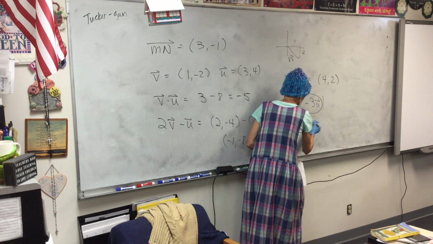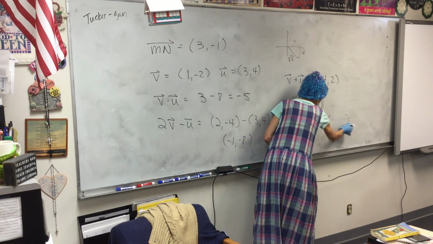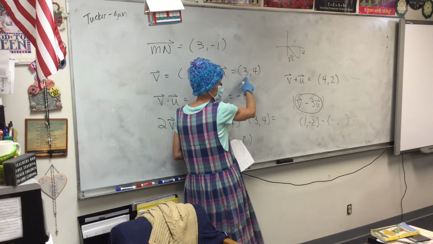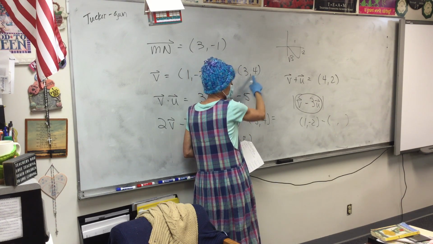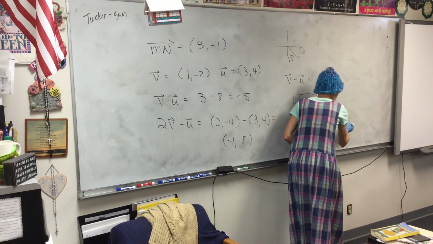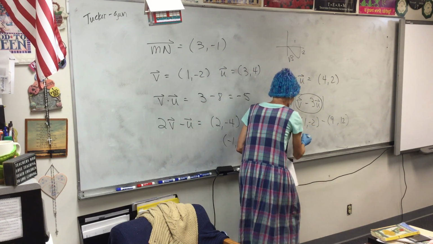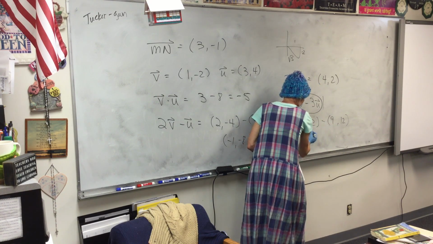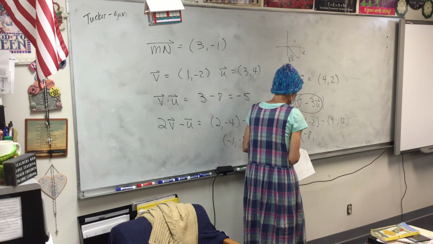V is 1, -2. Minus, all right, what's 3U? 3U would be 9, 12. So now we're going to subtract these. So 1 minus 9 is negative 8.